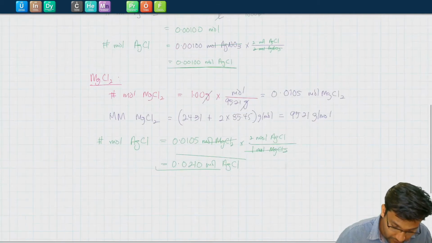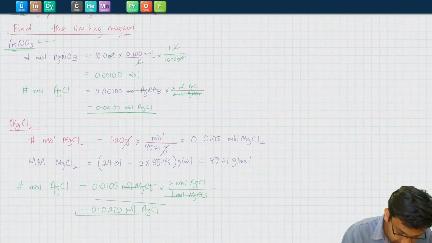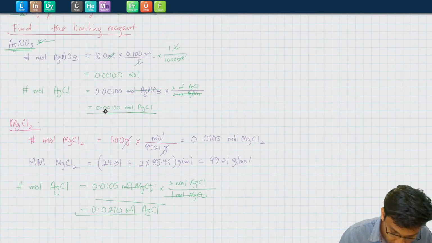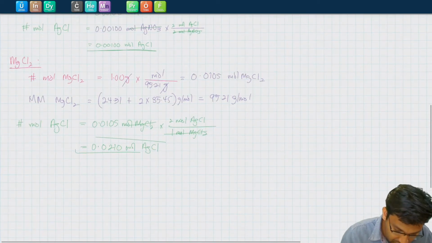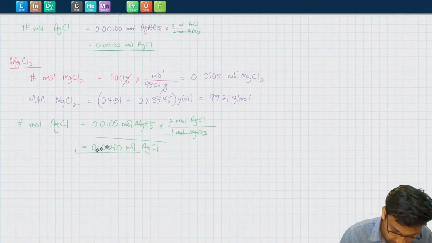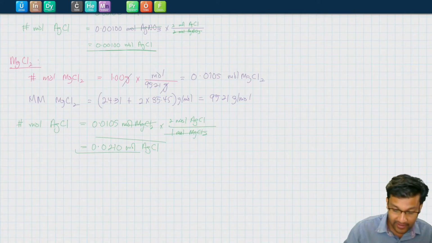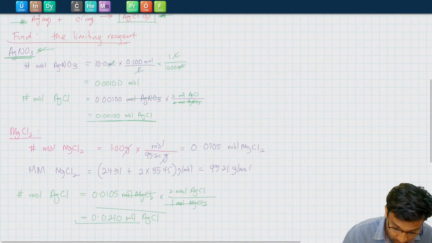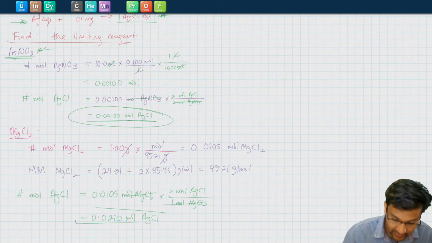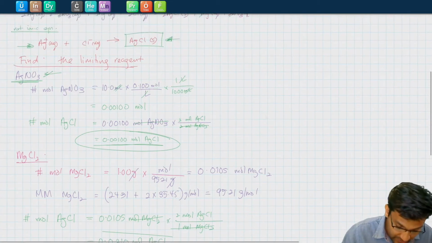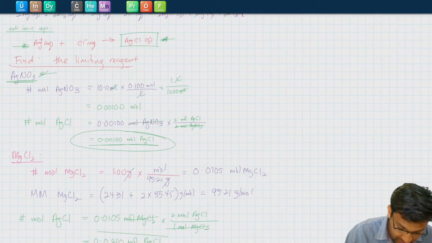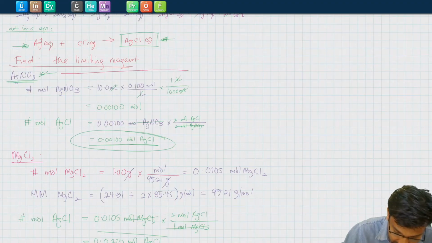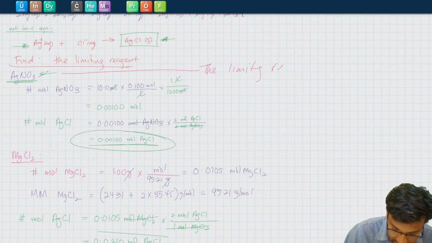Okay, so if we used up all of our silver nitrate, we'll form 0.001 moles of silver chloride. If we use up all of our magnesium chloride, we'll form 0.0210 moles of silver chloride. This means that the one that gets used up first is the one that forms the smaller amount of product, which in this case is the silver nitrate, which means that silver nitrate is the limiting reagent.